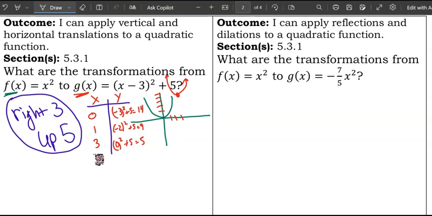Outcome. I can apply reflections and dilations to a quadratic function. Sections 5.3.1. Where the transformations from f of x equals x squared to g of x equals negative 7 over 5 x squared. This minus right here makes it reflect across the x-axis.